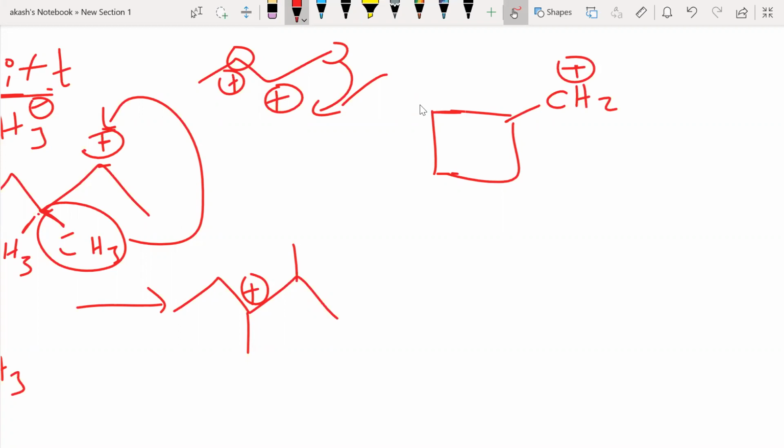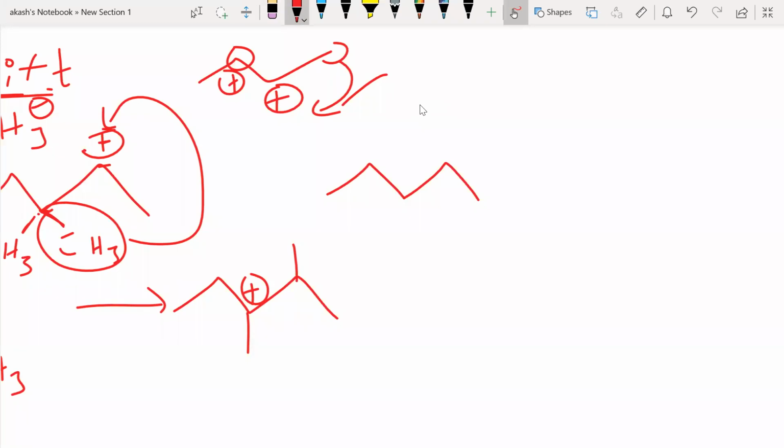Okay, so if this is the carbocation, there is, I think, only one way that I can do something. I have to form a primary. Guys, I don't think this would work. Just give me some time. Just give me one minute. I will come up with an example.